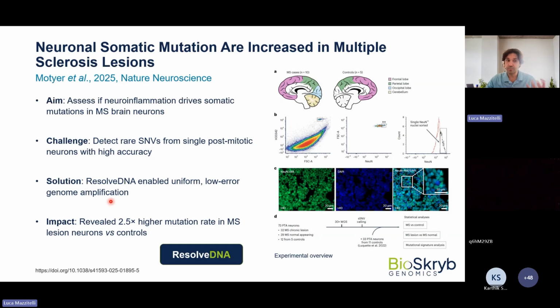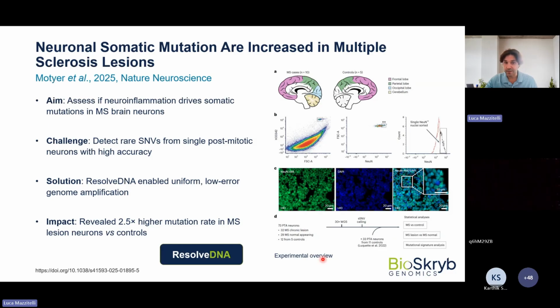And to solve the challenge, they adopted ResolveDNA, which enables this very uniform, comprehensive, and low error genome amplification. And the key insight of this publication was that neurons in multiple sclerosis lesions show a 2.5 times higher mutation rate, suggesting that inflammation-driving mutagenesis may contribute to disease progression.